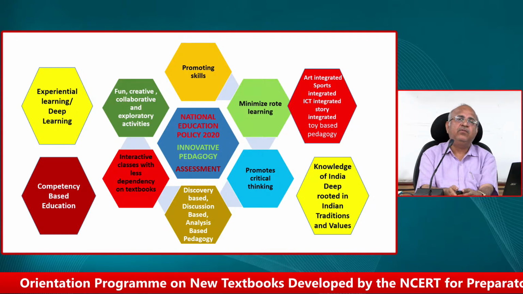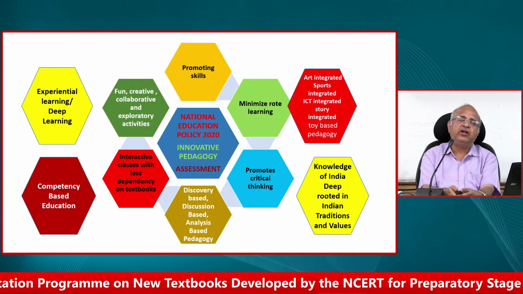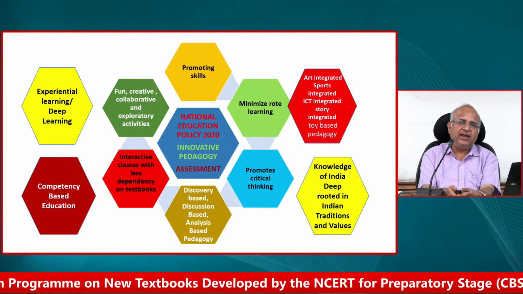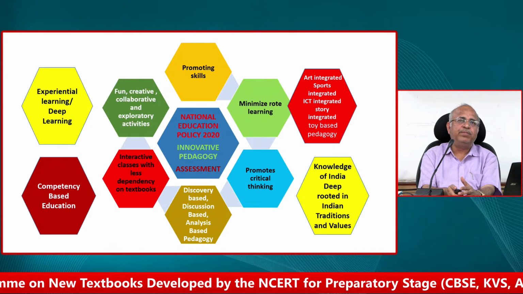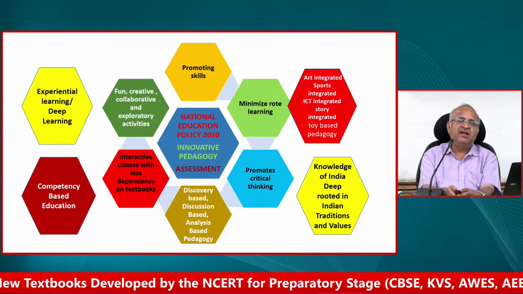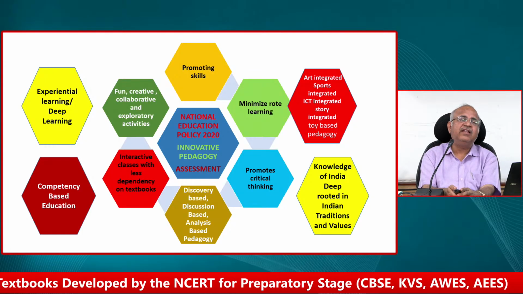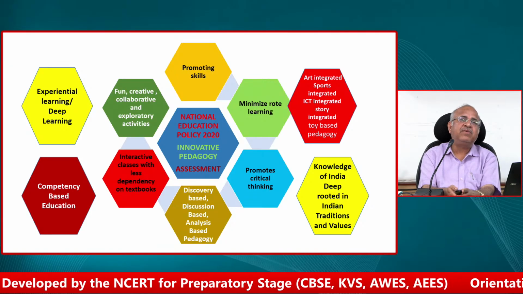The point which I want to bring here is that these textbooks provide lot of scope to the learner, to the teachers, to engage the child in open-ended discussion so that their creativity is enhanced, their sensitivity is gauged, and their awareness is also checked and kept track of.